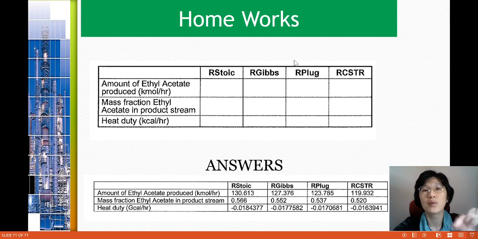At least you know how to simulate a kinetic-based model with more than one reaction. Here we are having one forward reaction and one reverse reaction. You may have more when you have more side reactions in your project or in your plant design later on. So with this, I thank you for your attention and enjoy doing your homework. Thank you very much.